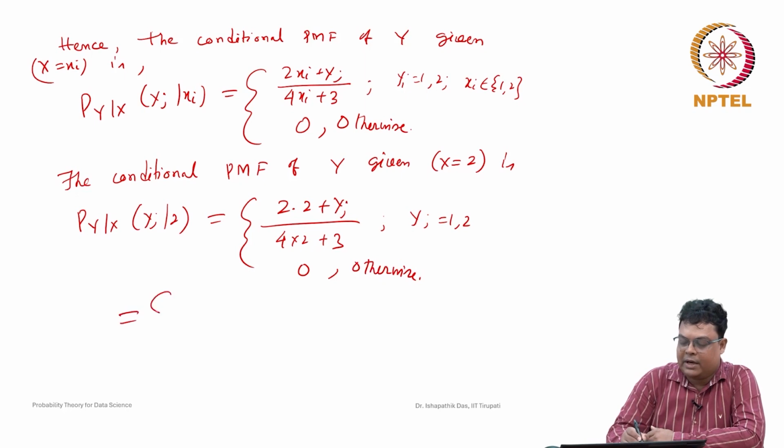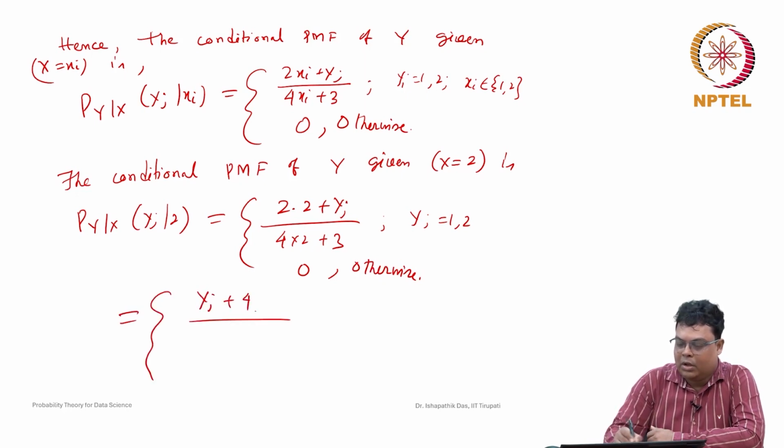If we simplify, this is (yj plus 4) by 11 whenever yj is equal to 1 and 2.